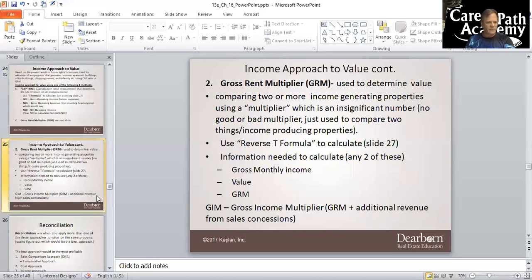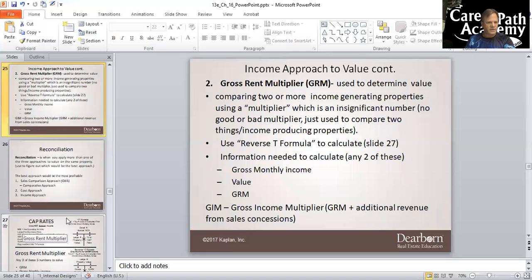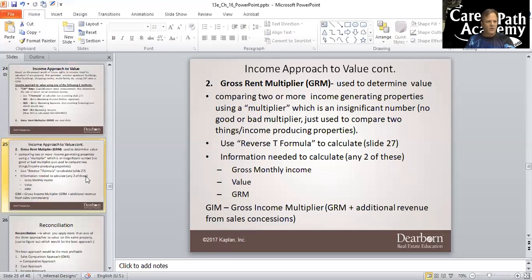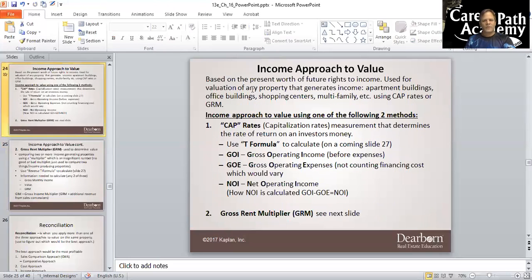We can do GRM first and then get into cap rates? Yes, that's what we're going to do. This income approach is going to be taught across the next couple of slides, and they will explain these two methods and some of the terminology used in them.